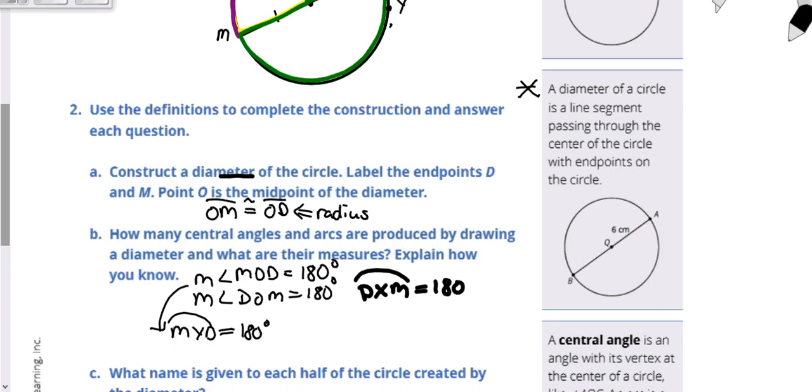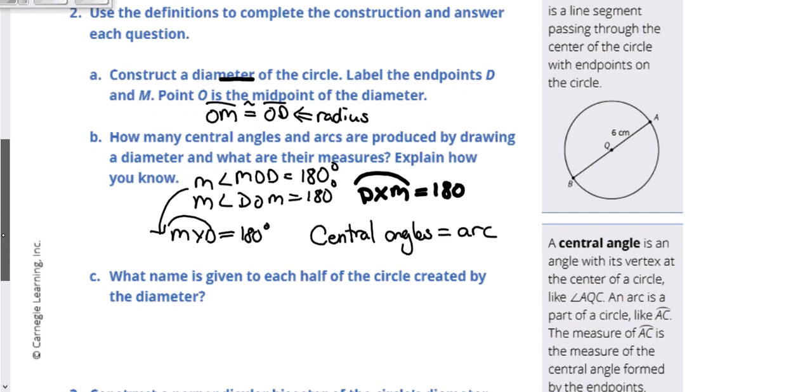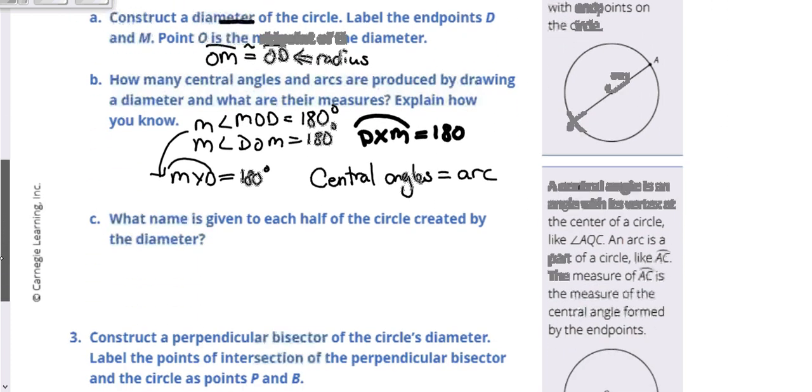So central angles are equal to their arcs. All right, and like I said earlier, what name is given to each half is called a semicircle.